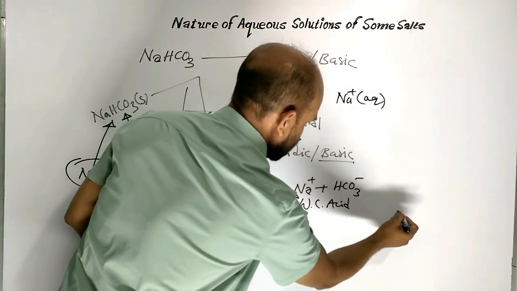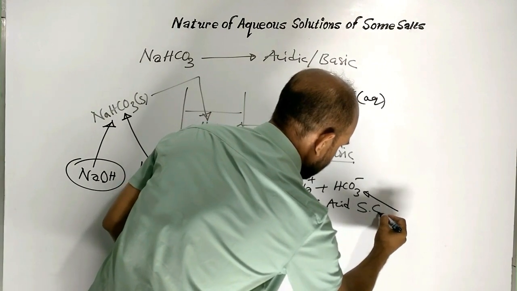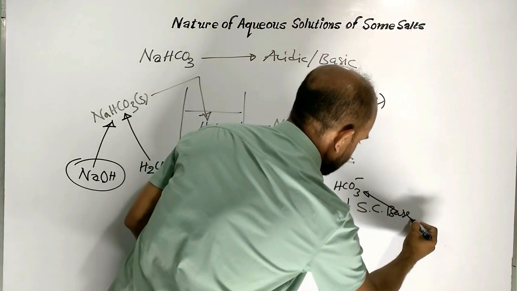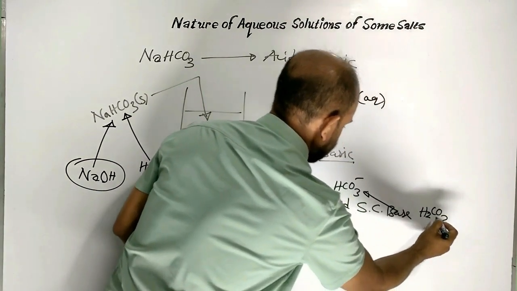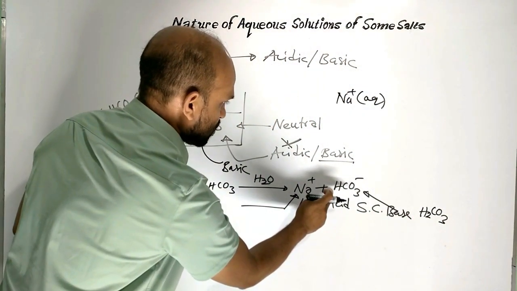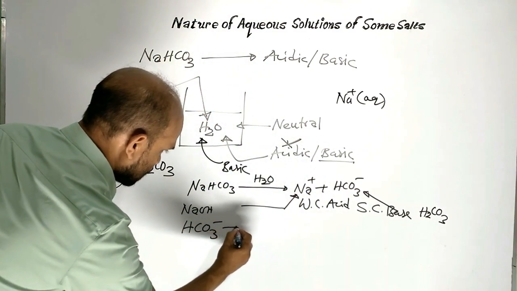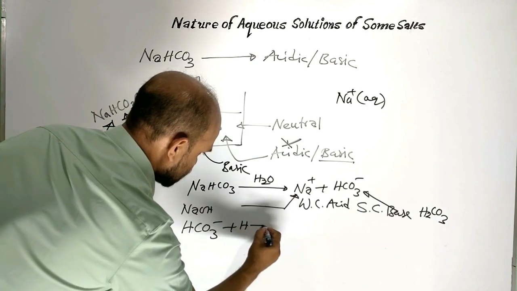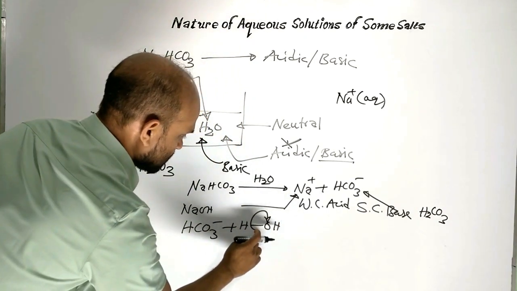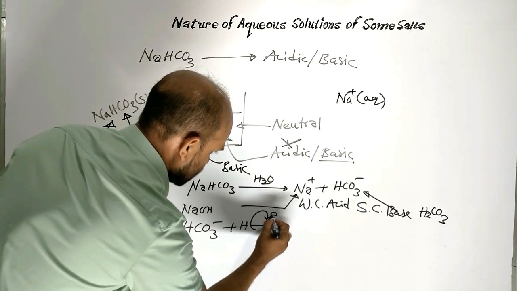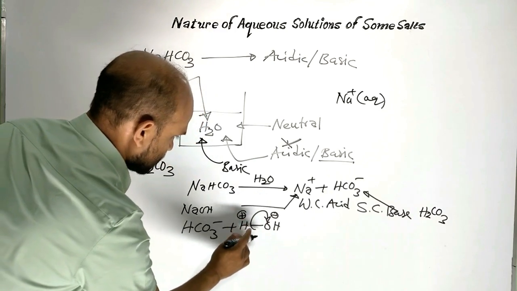But bicarbonate is a strong conjugate base of weak acid carbonic acid. As it is a strong conjugate base, it undergoes hydrolysis. This bond breaks heterolytically. It becomes negative in charge. It becomes positive in charge.